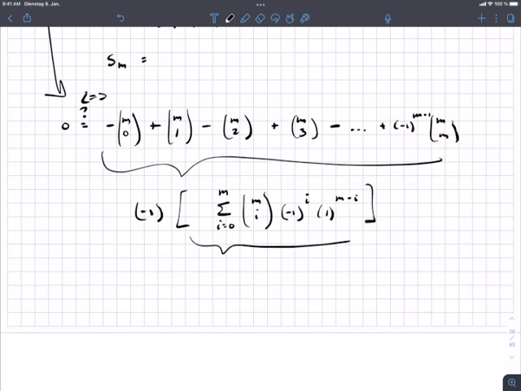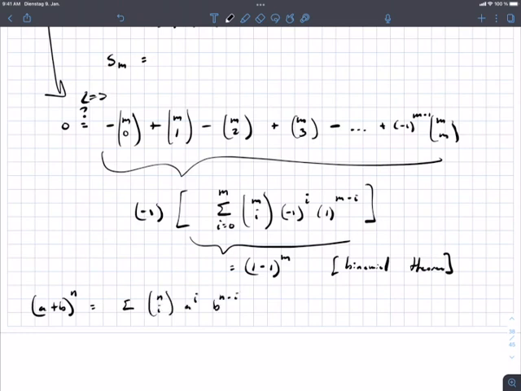All of this is equal to 1 minus 1 raised to the power m by the binomial theorem. If I want to write (a plus b) to the power n, this is the sum of n choose i, a to the i, b to the n minus i, i equals 0 up to n, the binomial theorem. So this really does equal 0.